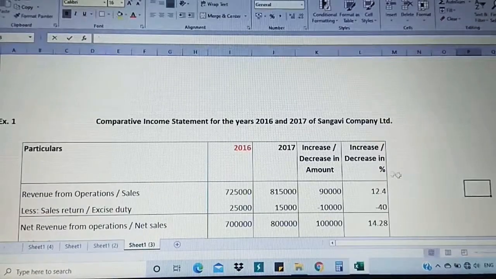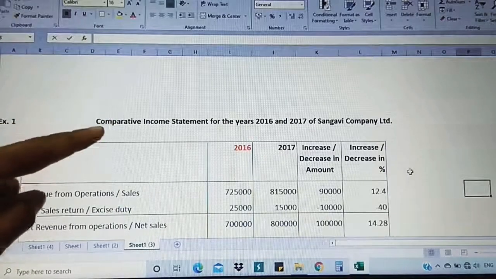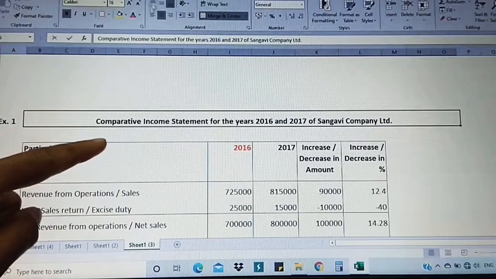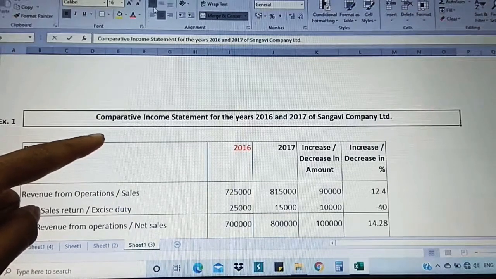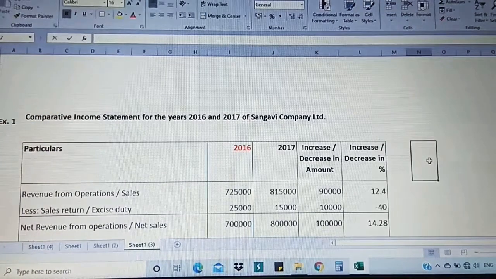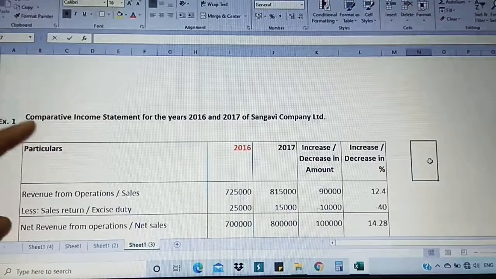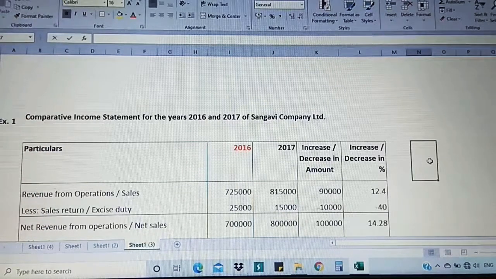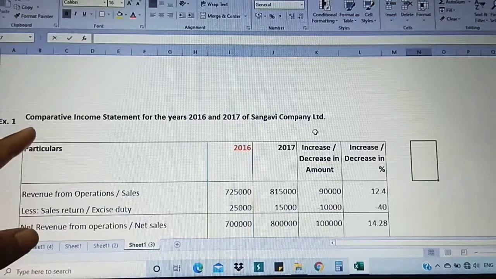Clear? Okay. Just observe. Never ever skip the question. The heading is very important. This chapter is very important, sure for your exams. So you are going to take up this. Heading is taken.